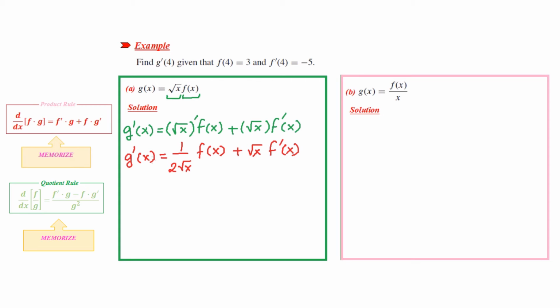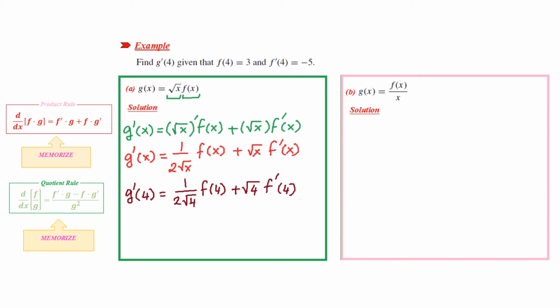Now you have to replace x by its value, which is 4, because you have to find g prime of 4. So we have g prime of 4 equals 1 over 2 radical 4 times f of 4 plus radical 4 times f prime of 4.